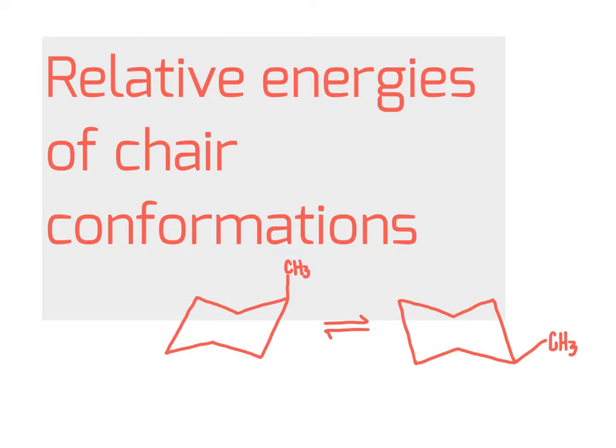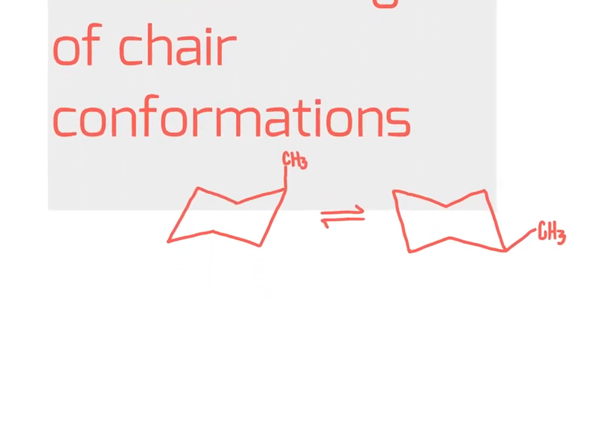So the rule that we will use for establishing the relative energies of chair conformations is that the bulky groups prefer to be in the equatorial position to yield the lower energy. So to lower the energy of the molecule or to increase the stability of the molecule, the lowest energy, most stable conformations are going to correspond to those that have the bulkiest group or groups in equatorial positions.